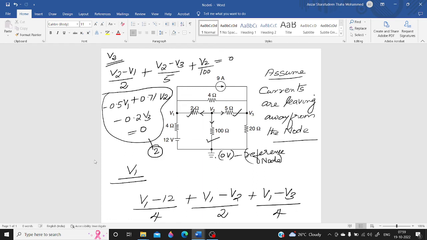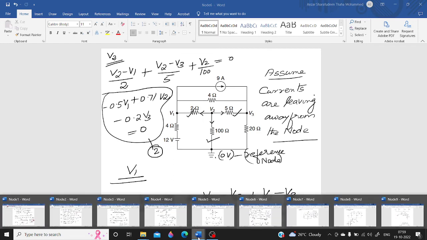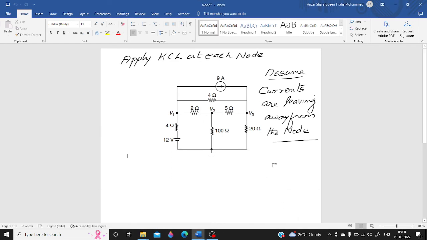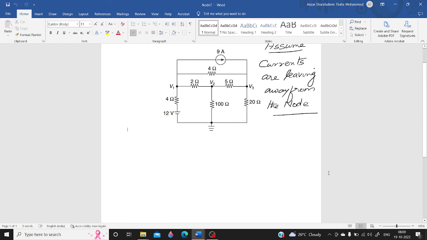Now our job is to write the third equation. For the third node, let me consider the branches. This current is incoming. And this branch current, I assume that the current is leaving away from the node. And here I assume that current is leaving away from the node, and here also.